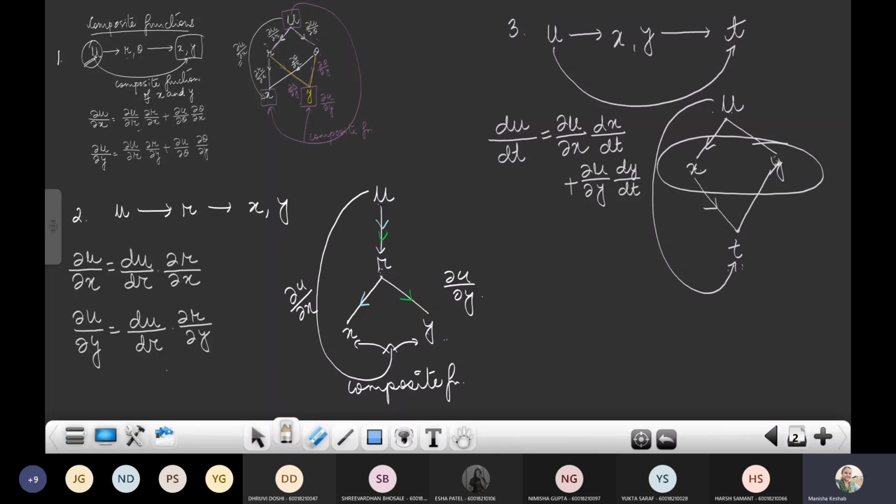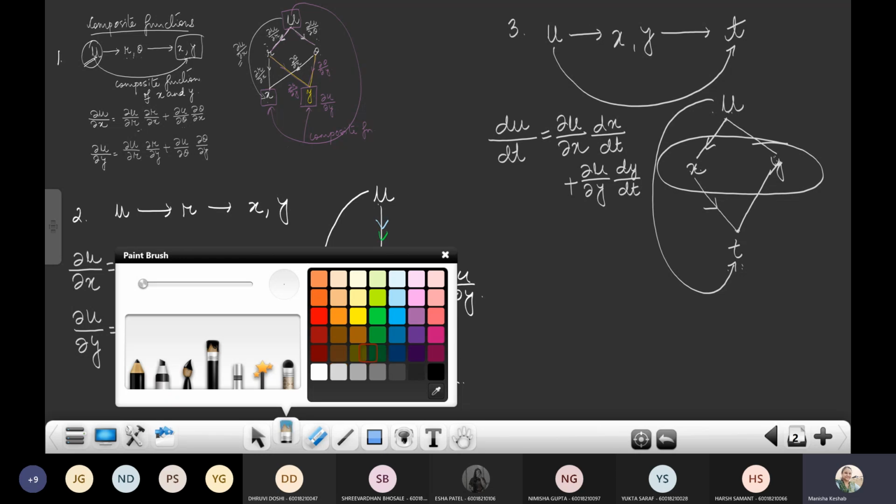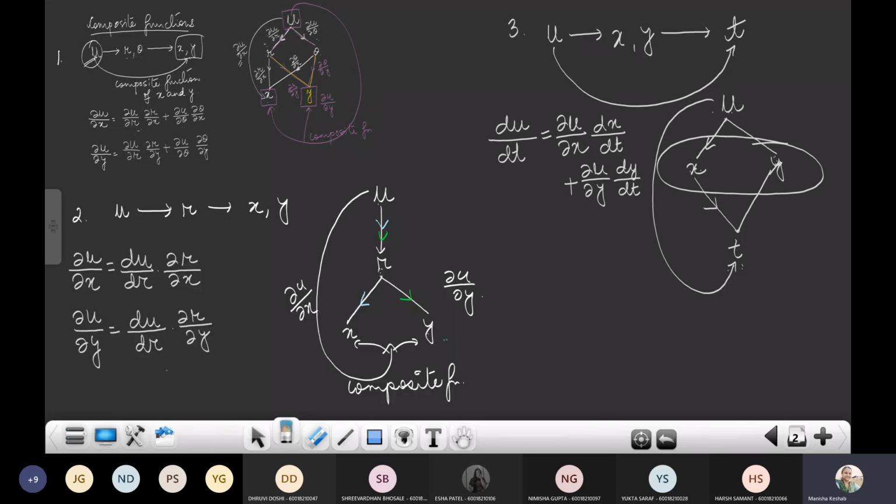One thing you remember: when we are differentiating u with respect to x, we will have x. There cannot be any y coming here. Similarly, when we are differentiating with respect to y, the last variable is only y.